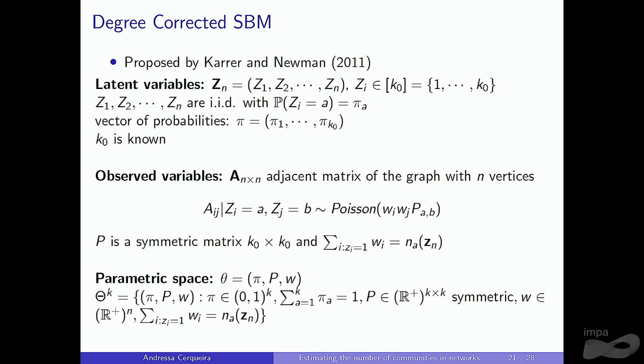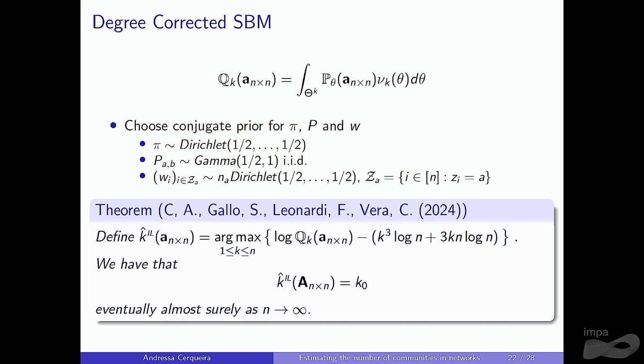at this degree-corrected stochastic block model, we can also define the integrated likelihood, right? I can define it the same way, but I need to change the distribution for the parameters, because now I have more parameters, the W's.